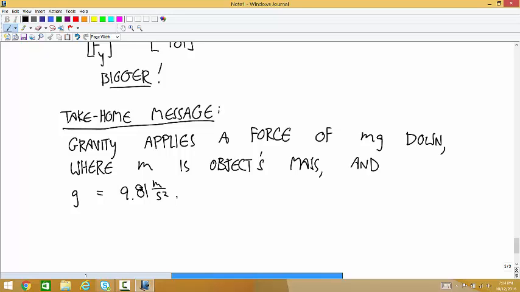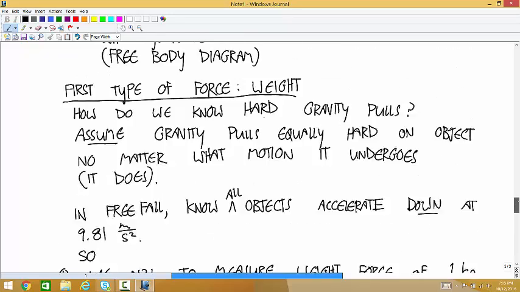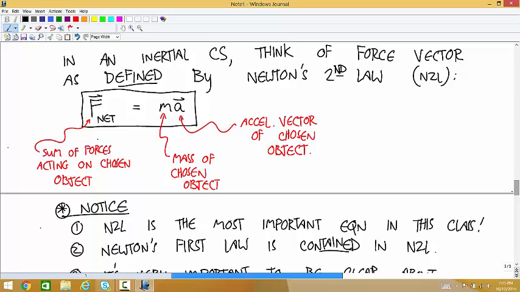So again, it goes back to Newton's second law. Gravity is applying a big force to the bowling ball, but the acceleration is being resisted by the big mass of the bowling ball.